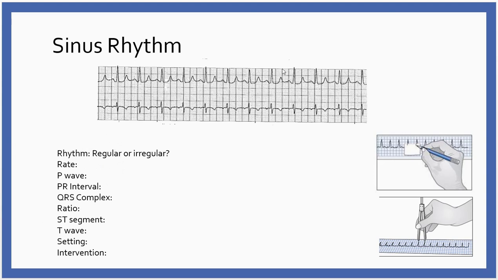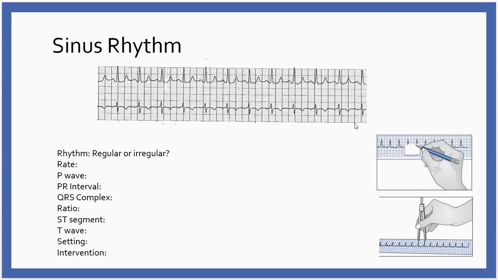Next thing we want to do is calculate rate. Remember, we're going to do this as a 6-second strip. When you look at the strip, do you see that I've got a mark right here? Another mark here. So from here to here is 3 seconds. Then I'm going to find the next mark, and from here to here is another 3 seconds.